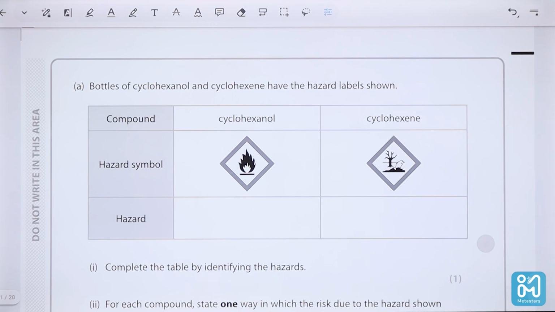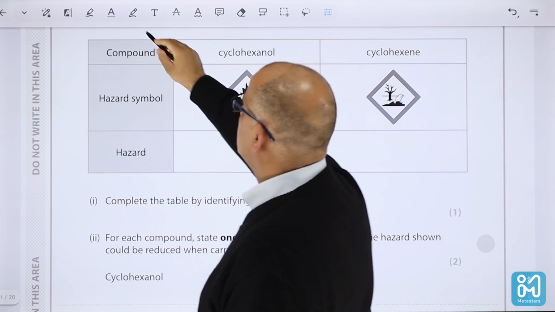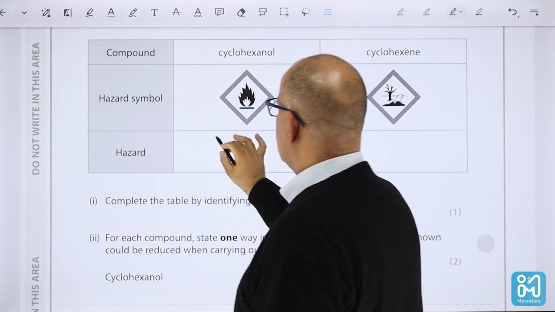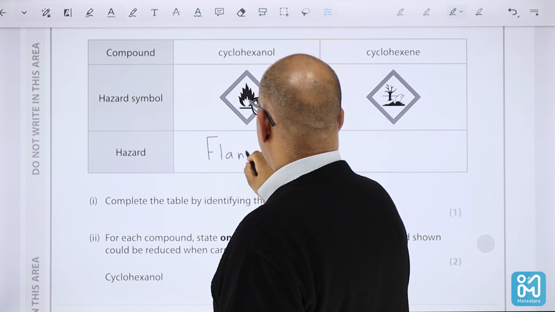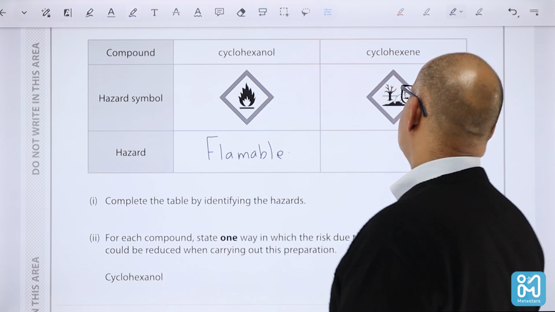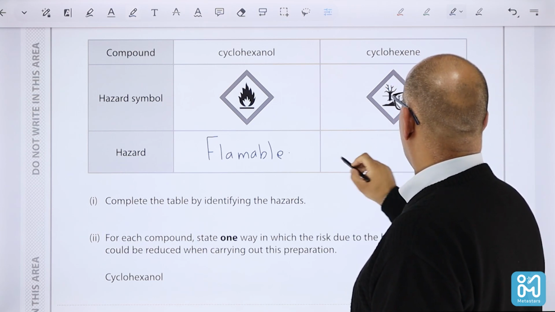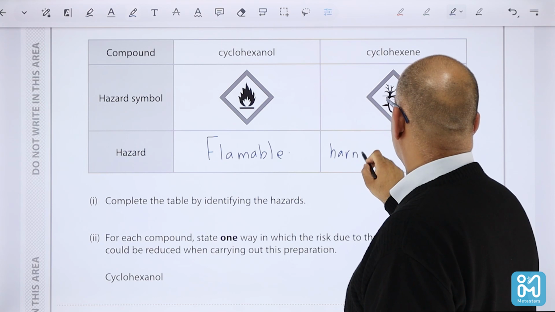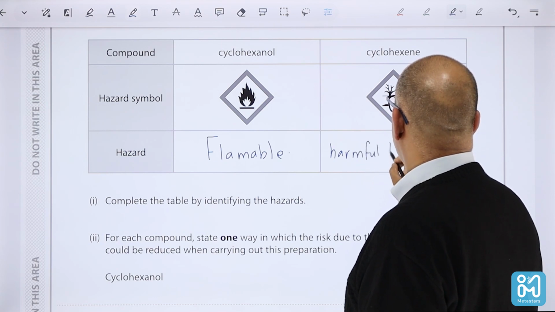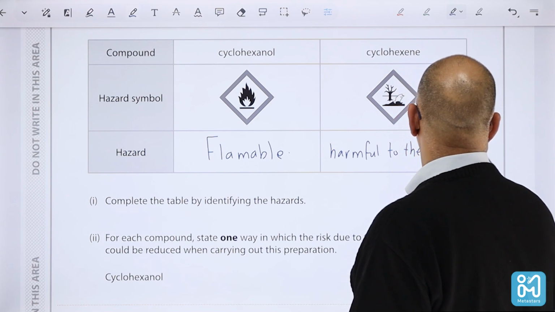Bottles of the cyclohexanol and cyclohexene have the hazard labels shown. Complete the table by identifying the hazards. It's very easy. This one shows that it is flammable, and this one will affect or harm the environment.